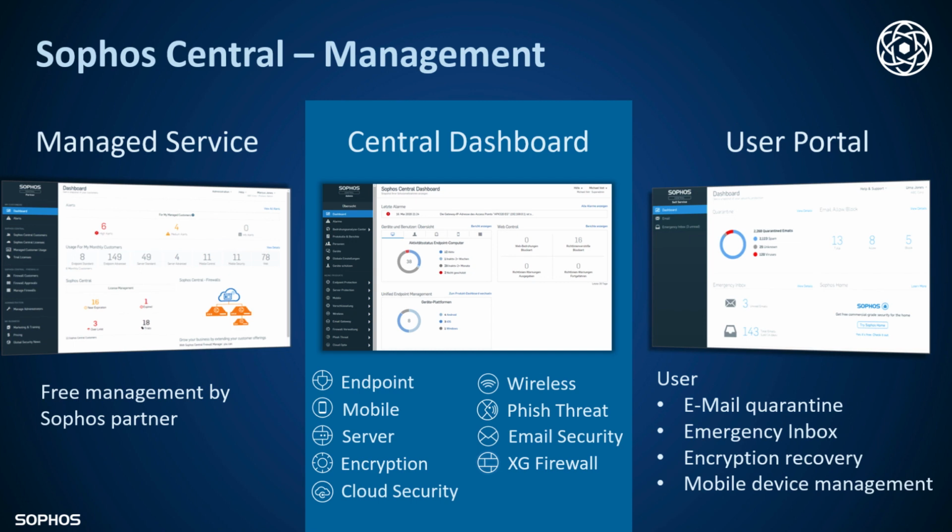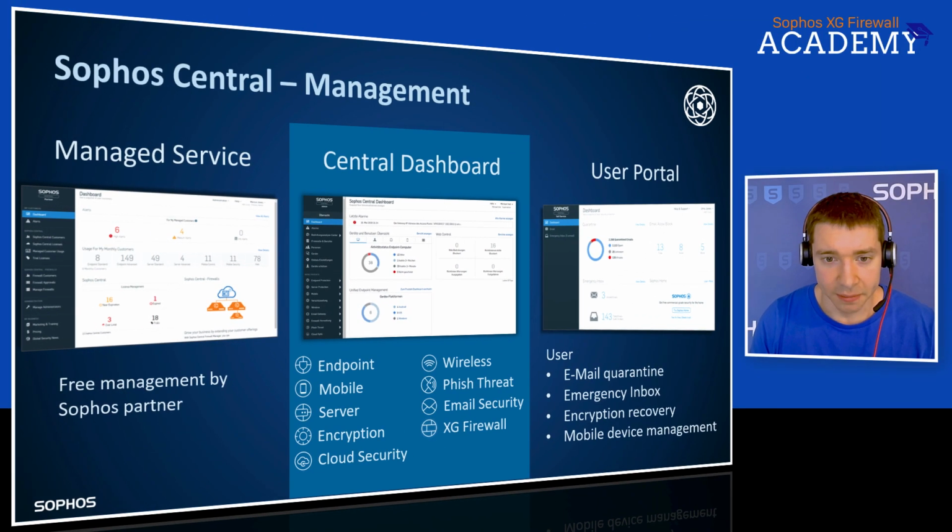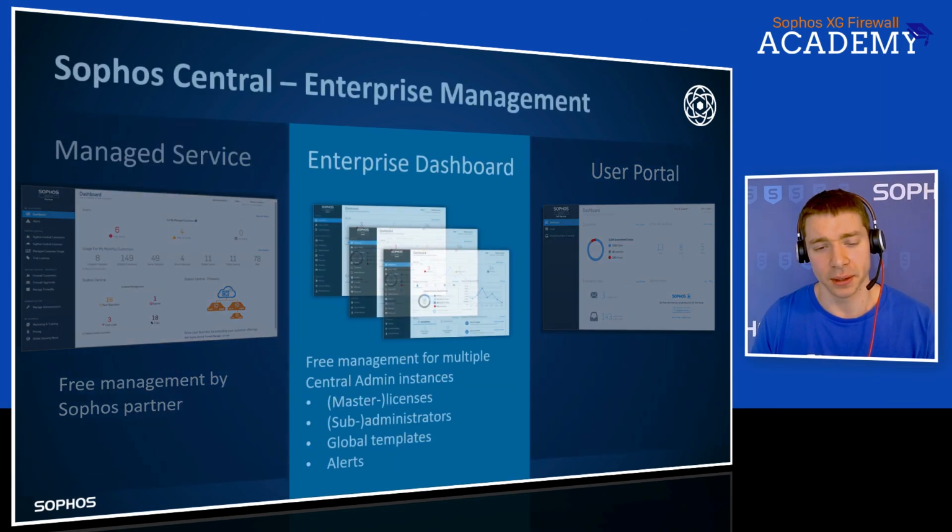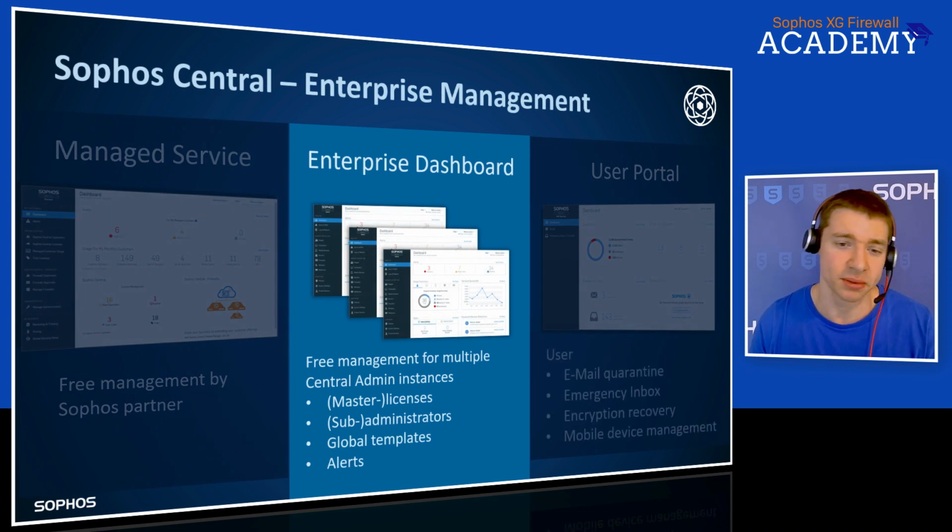And there's also a solution for the users to interact with Central. So basically, if you have an email account within Central, you can use the user portal to let your users manage their own quarantines or manage their own emergency inboxes, for example. There's also a solution if you are an enterprise customer. So basically, if you want to manage multiple central accounts, you can use the enterprise dashboard. It's called our enterprise solution.